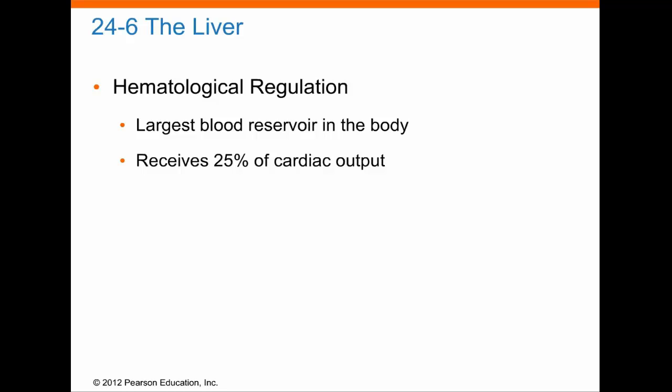So that's why we observe patients very closely for internal injuries after motor vehicle or high impact injuries of any sort. And it receives 25% of the cardiac output, so it has a very large blood supply.